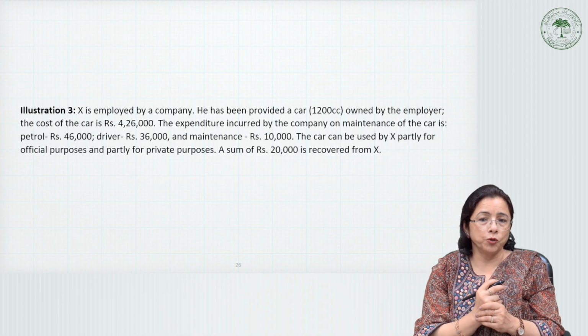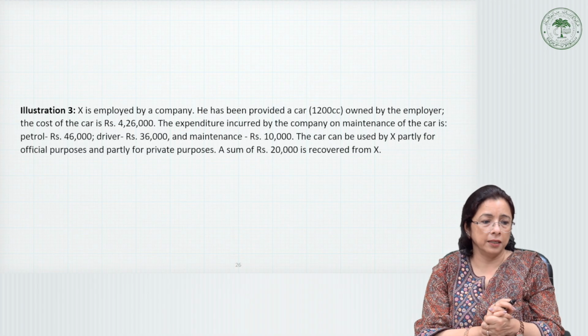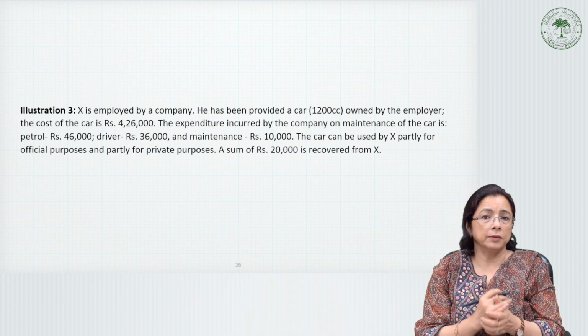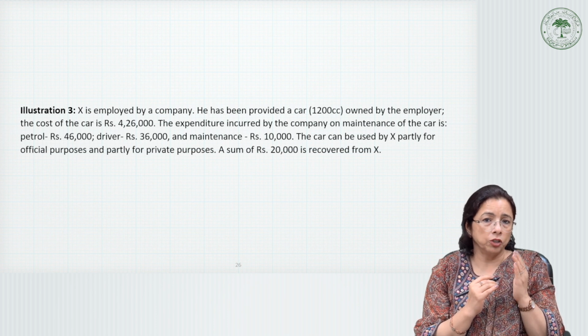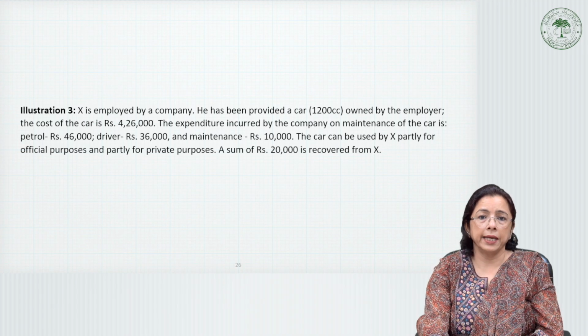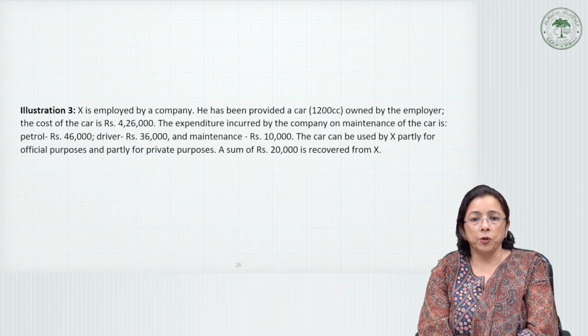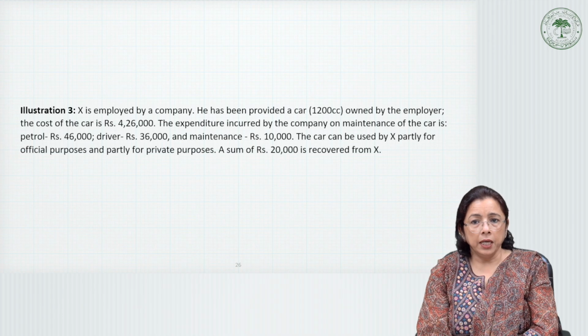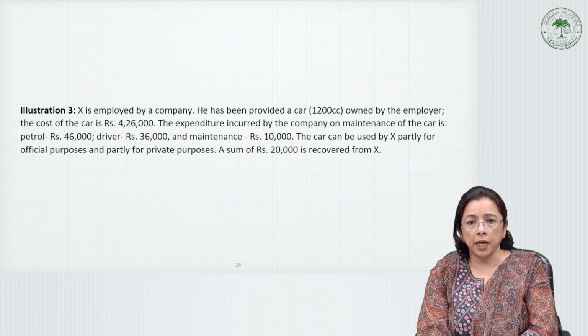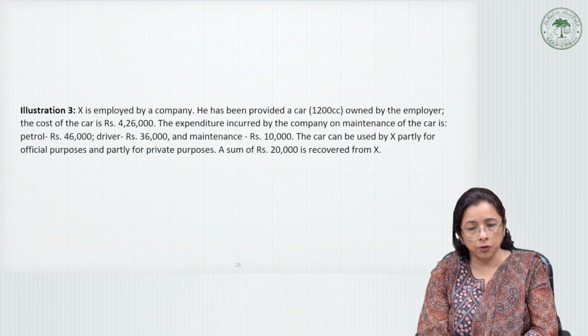Now let us come down to one small practical illustration which we will be doing in order to understand the valuation of this perquisite in a better way. So let me read it out. It says that Mr. X is employed by a company. He has been provided a car which is 12cc, owned by the employer, and the cost of this car is rupees 4,26,000.